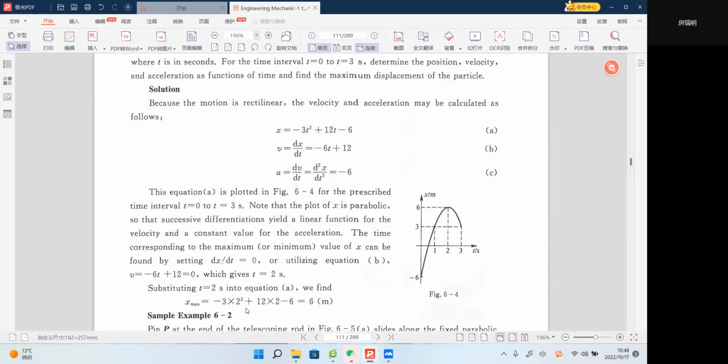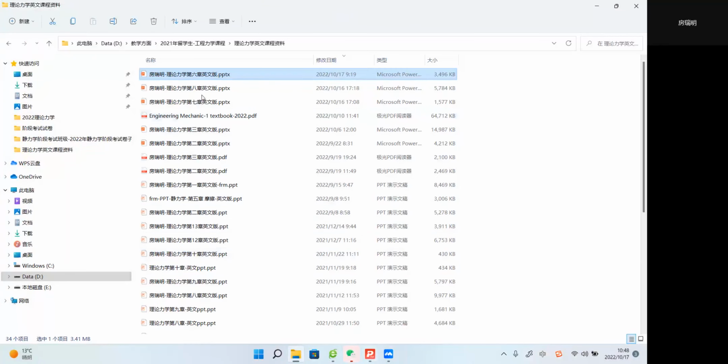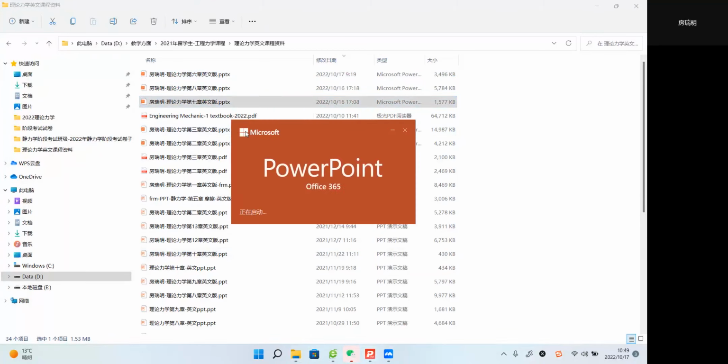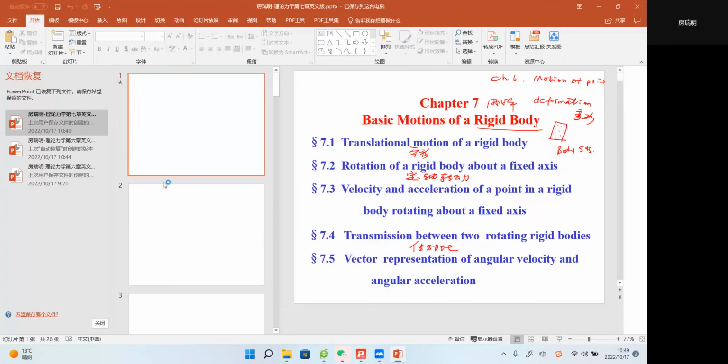Then, sorry, there's something wrong. Maybe I have to... what happened? Why did it close by itself? I just tried to move to the next page of this file, but it closed. I don't know why.